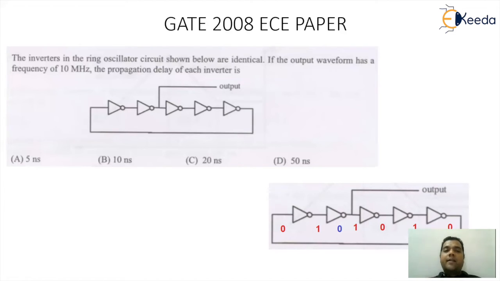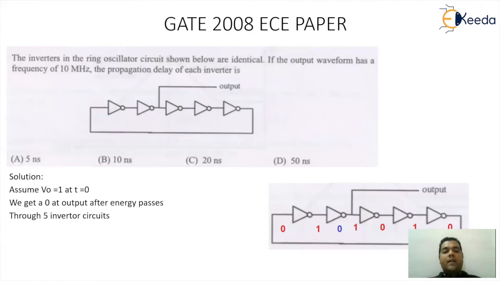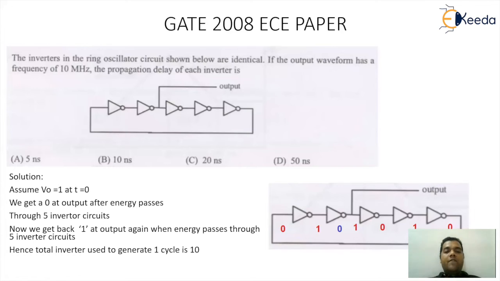So overall 10 inverters are utilized to generate the total frequency of 10 megahertz. So 5 inverters for getting the output as 1, and the remaining 5 for getting the output as 0. So the total number of inverters for generating one cycle is 10.